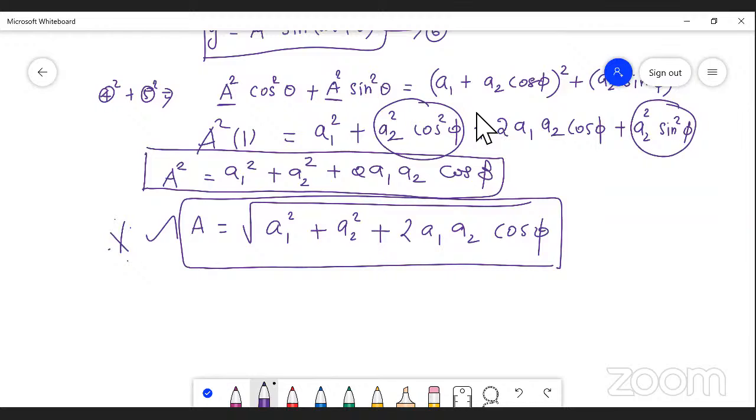Now we are discussing the condition for constructive interference. Constructive interference means the amplitude is maximum and at the same time the intensity is also maximum.